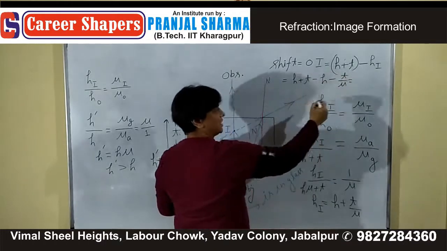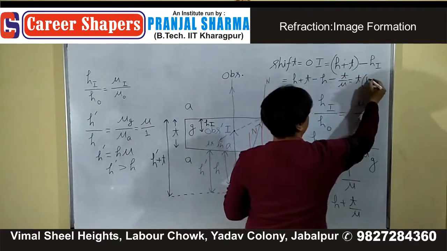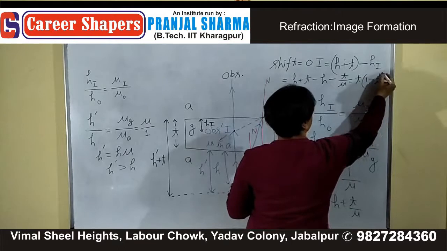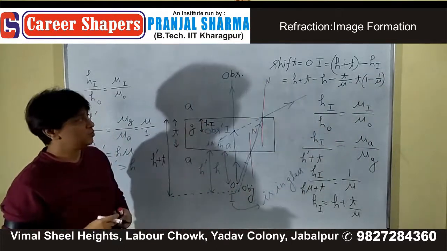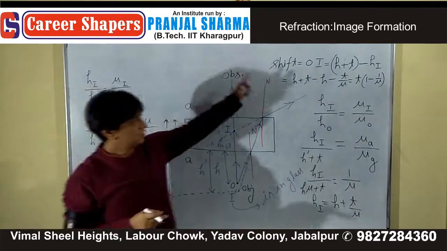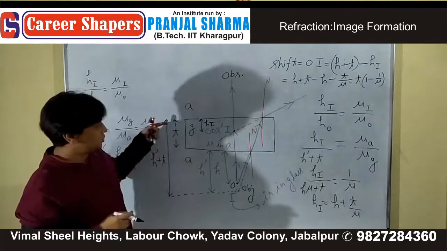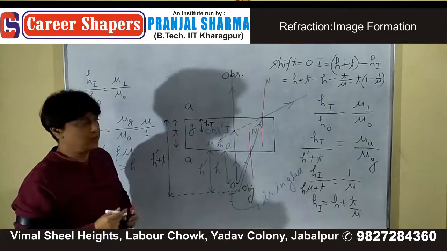Finally, H and H cancel and you get T common, 1 minus 1 upon mu. That's what we are looking for in this question, which is the shift as you introduce this slab of thickness T.